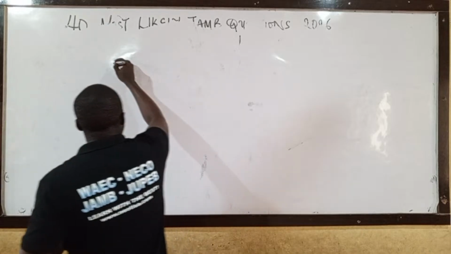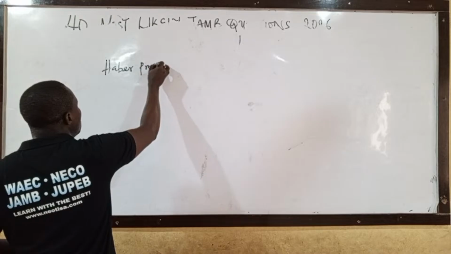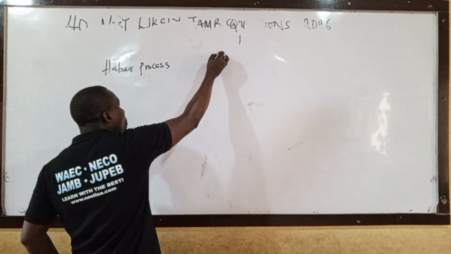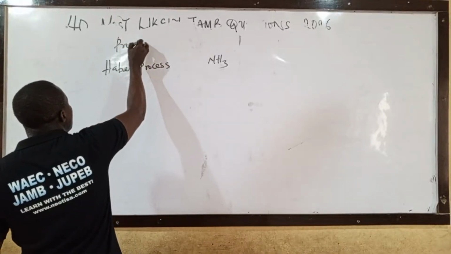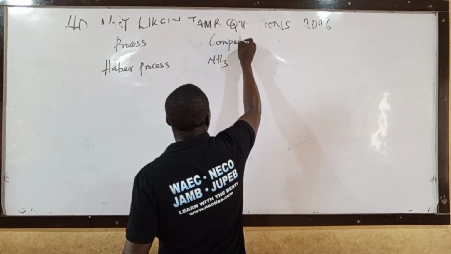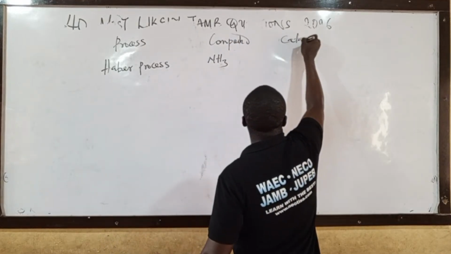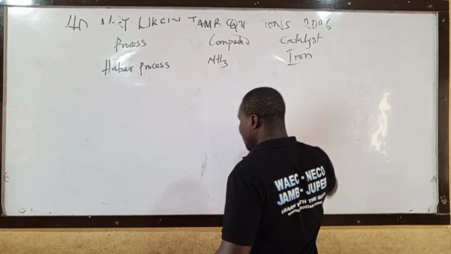The first one, Haber process. We use it to produce ammonia. And the catalyst used in this process is what? Iron.